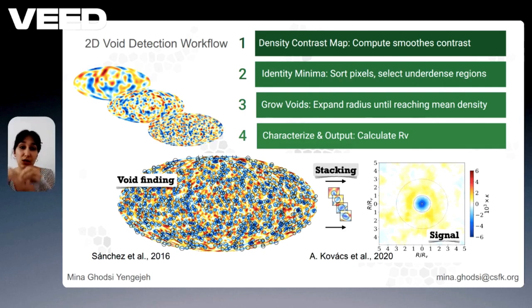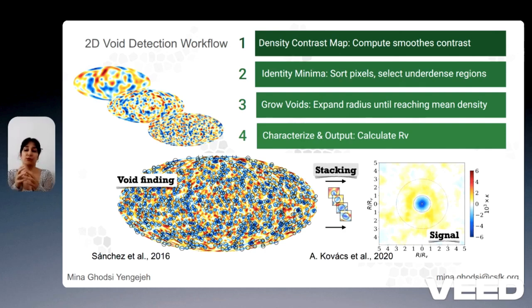We select the most underdense region, and then we expand the radius around that until we reach the mean density. With that we can extract some information, for example RA and Dec of that void, radius of that void, and how empty it is, for example delta.